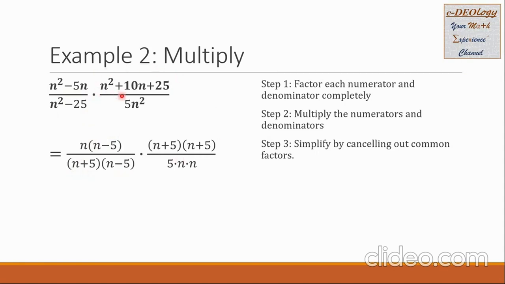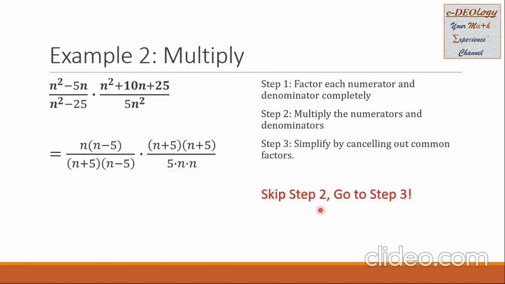The numerator n squared plus 10n plus 25 is now factored out into n plus 5 times n plus 5. While this 5n squared is now factored out completely into 5 times n times n.